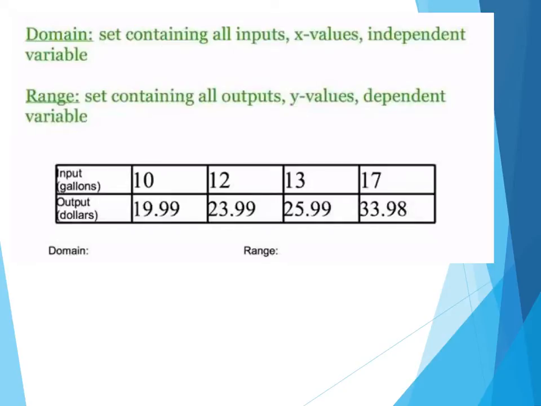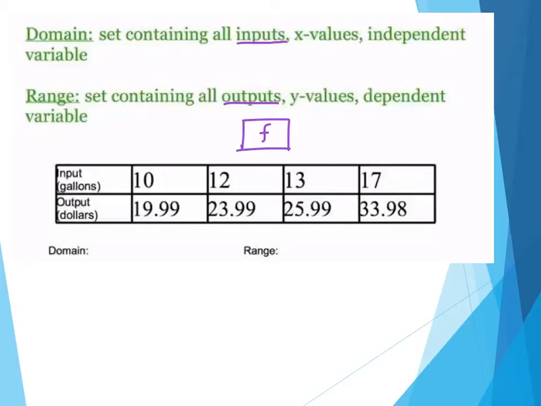Now, what I like to think of domain is as all the inputs, and the range is as all the outputs. And here's how I like to think of what's called a function. Think of a function as a machine. A function represents how something works. So I'll put here an F for function. Think of domain and range as inputs and outputs, and think of a machine.